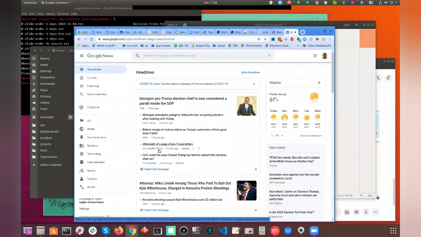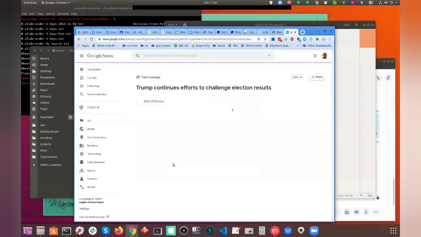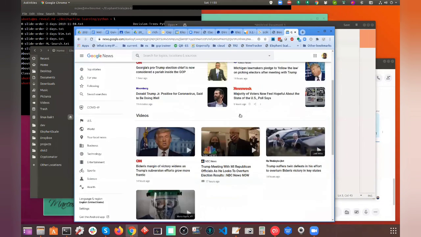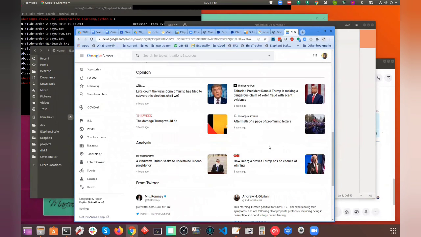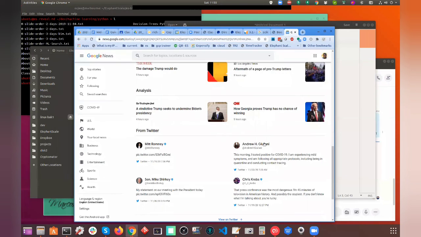What they do is read each story, figure out what subject they are talking about, and group all the stories together. If you look at the view full coverage, it will give you all the stories related to the same subject, including tweets, news, and all this stuff.